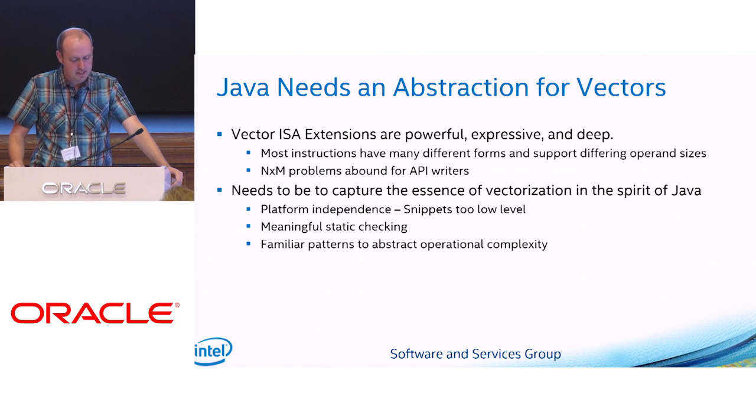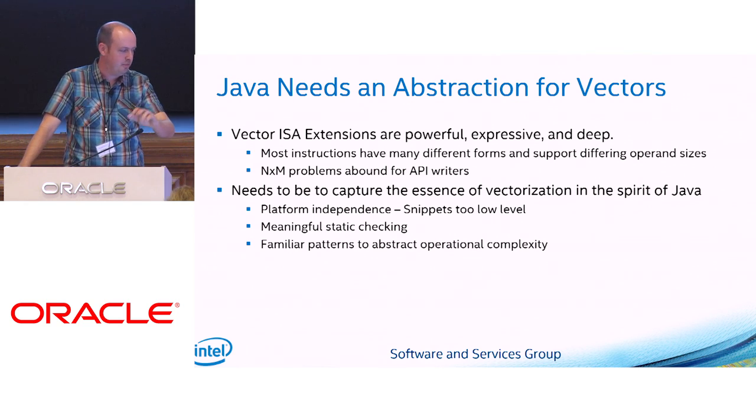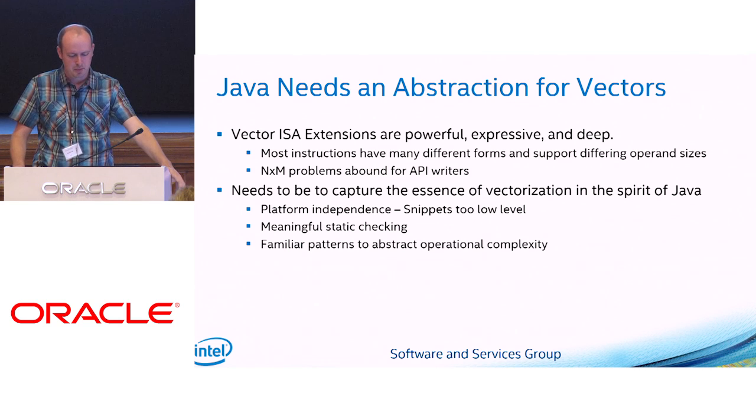So this creates sort of a headache for people wishing to abstract over this. There's sort of an n cross m problem that occurs if you want to parameterize by types, sizes, et cetera. So it's a challenge just to wrap it up.